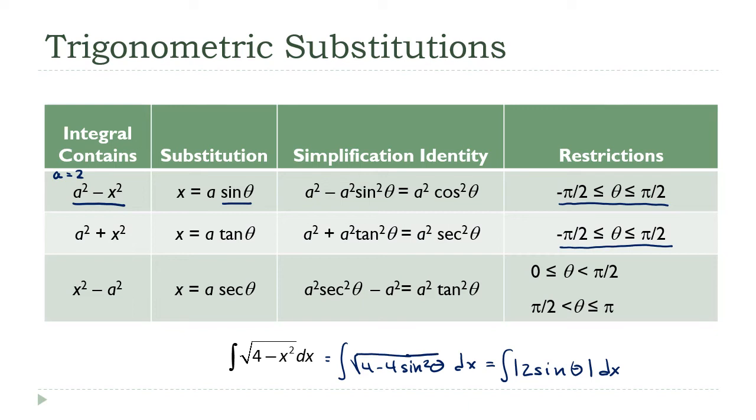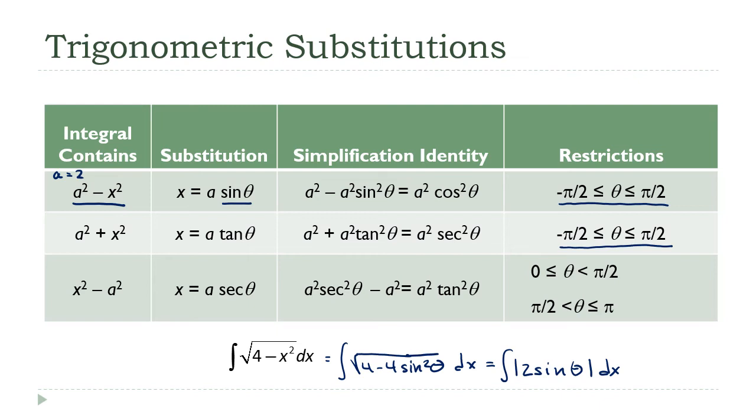Now, the downside to this is that for values of theta in this range, we only get positive x values, right? Because the secant is strictly positive. So any integral where we use this substitution would only work for values of x greater than 0.